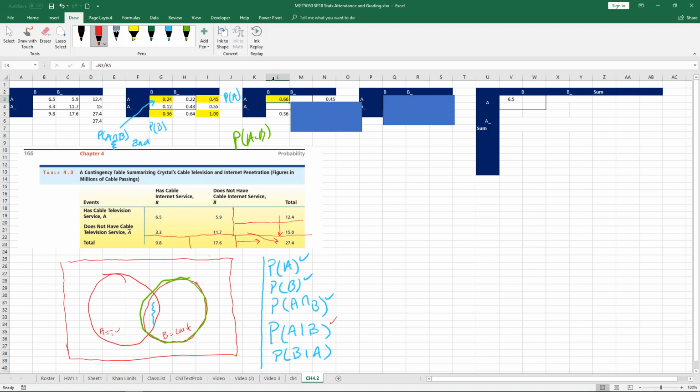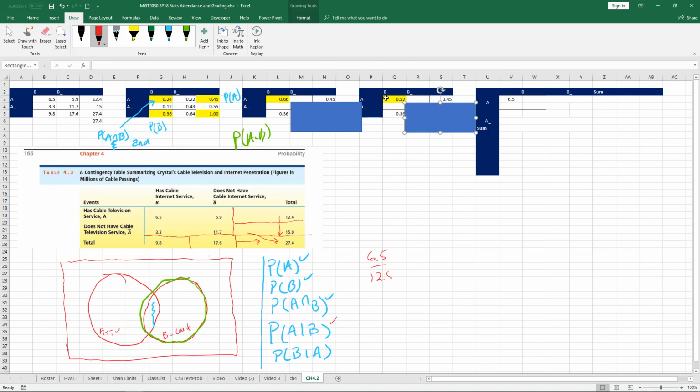So given that of these 12.4 million people that have TV, how many people also have B? That's the intersection here. So we now have to do 6.5 instead of, remember we did over 9.8, now we're going to do 6.5 over 12.4, okay? Because that's the probability of A, don't forget what that is.